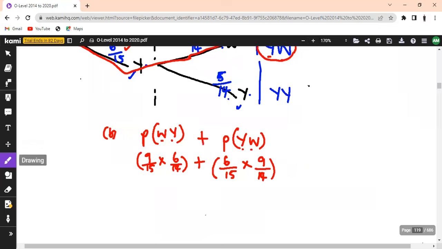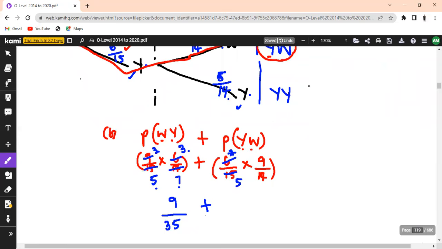In this case, we can reduce these values and add them. By 3 here, which is 3, by 3, which is 5, by 2 here, which is 3, by 2, which is 7. So 3 times 3 is 9, over 5 times 7, which is 35. Plus, we can reduce here also by 3, that is 2 here, by 3, which is 5.